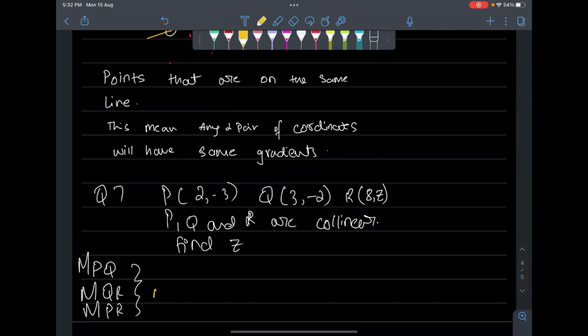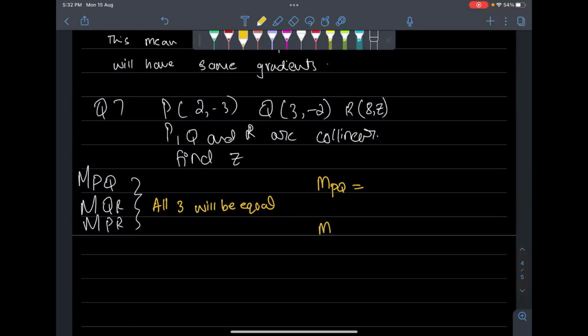Gradient of all 3 pairs of coordinates will be equal. So since I want to find Z and Z is in R, I will find the gradient of PQ first, then I will find gradient of QR, and then I will equate both of them.